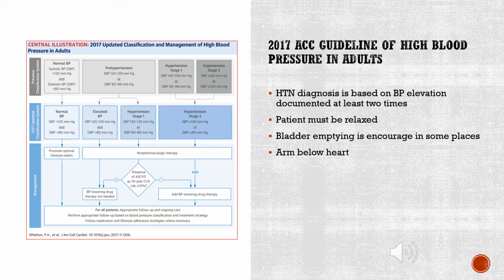The patients in the elevated category are presenting with blood pressure of 120 to 129 systolic and diastolic blood pressure of less than 80. These patients, again, if they're presenting with cardiovascular disease, we wouldn't include any drug therapy.